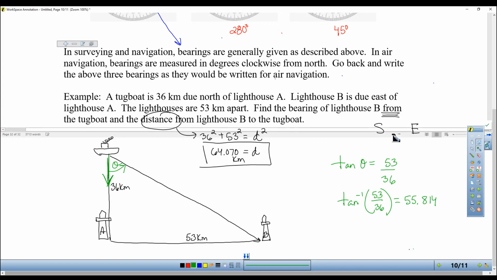So that's what you would put up in here. But you have to nestle it in between that south and that east to be given full credit, to have it be correct. If somebody just said, oh, we're bearing 55 degrees, then it would be assumed it was from north. But if you say the directions, southeast, then you know you're talking about that right there.